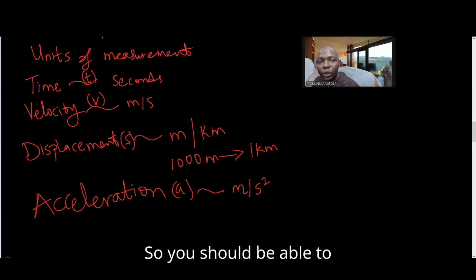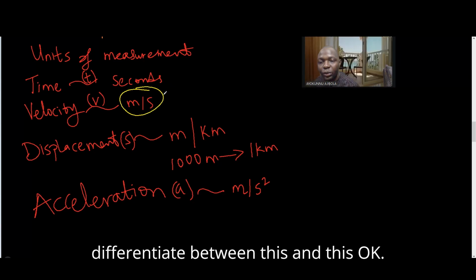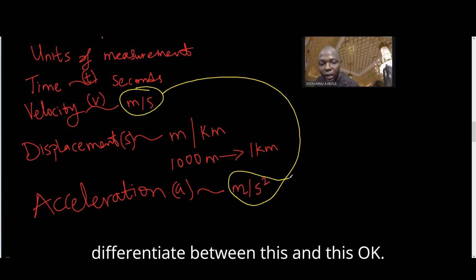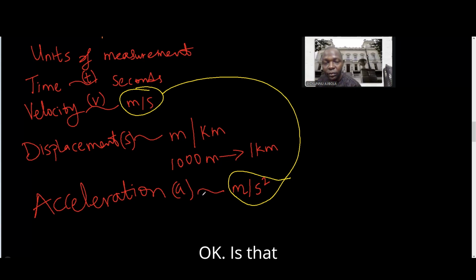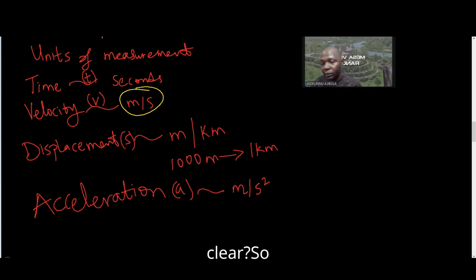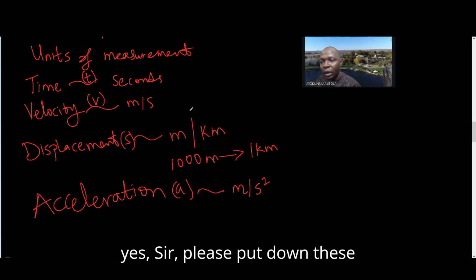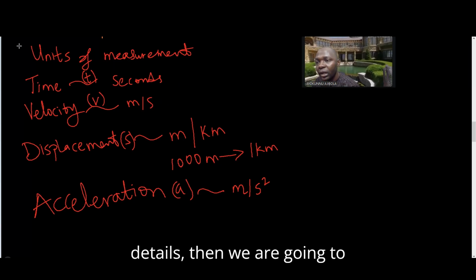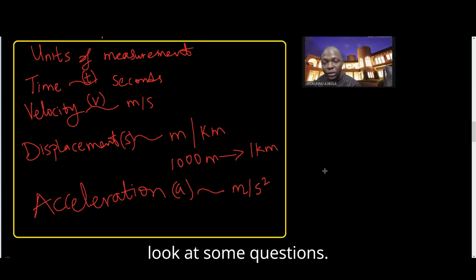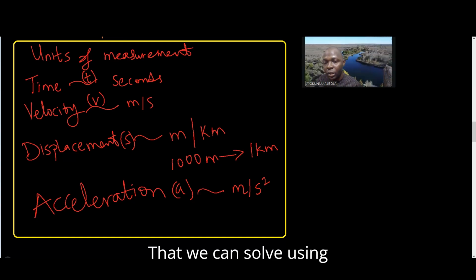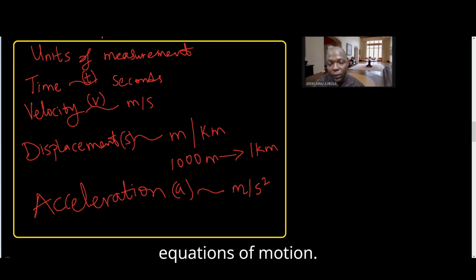So you should be able to differentiate between these units, okay? Is that clear? Yes, sir. Please put down these details. Then we are going to look at some questions that we can solve using equations of motion.